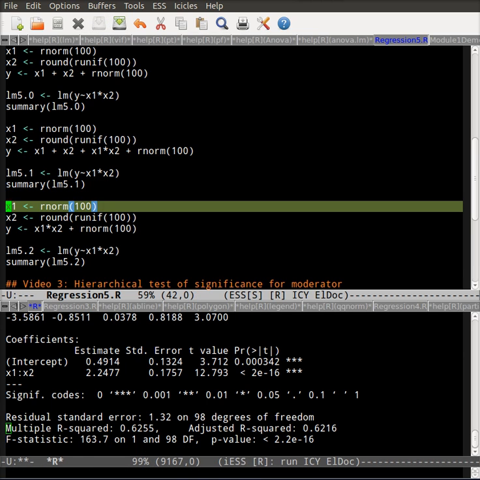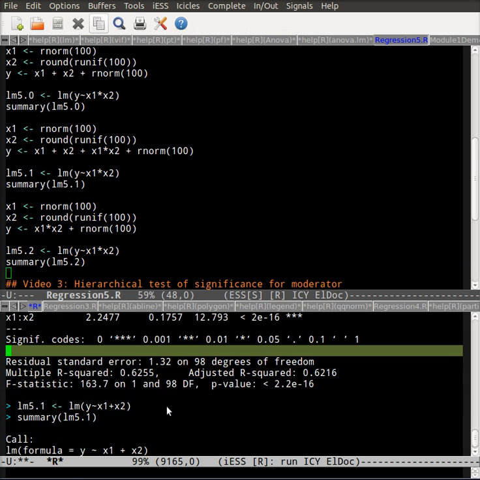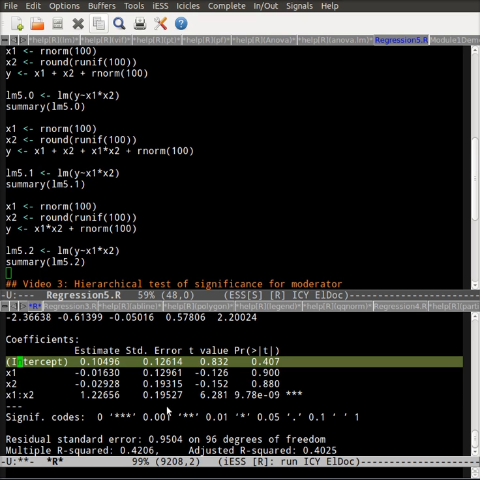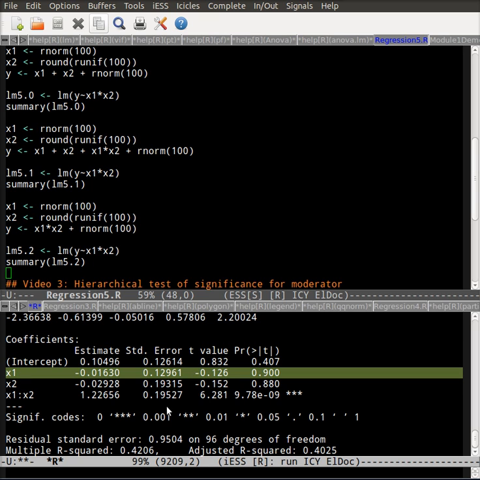Similarly, if I model y as a function of x1 times x2, look at what happens. Before, I had x1 and x2 as main effects. Look at what happens when I drop the main effects in constructing y. Now I only have a significant interaction, and x1 and x2 are non-significant.